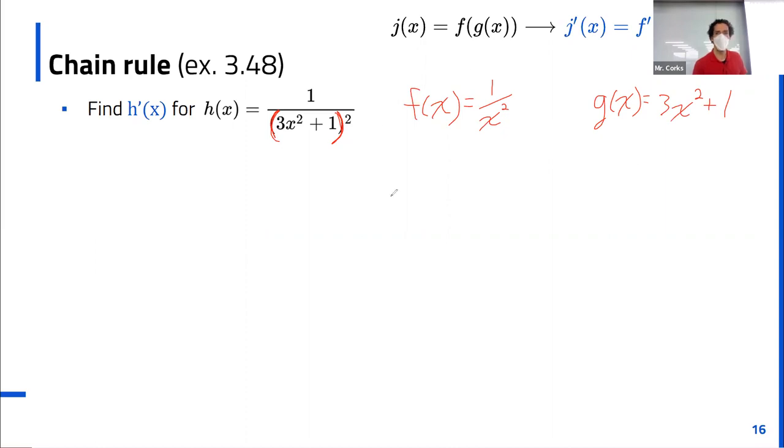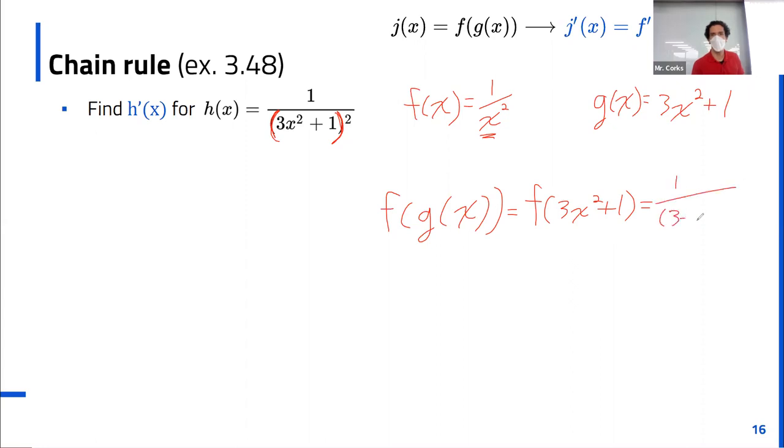Okay, so f of g of x would be f of 3x squared plus 1. And then f of x says the inside part gets squared, so that's 1 over 3x squared plus 1, squared.